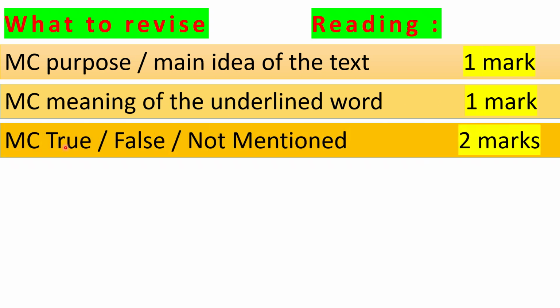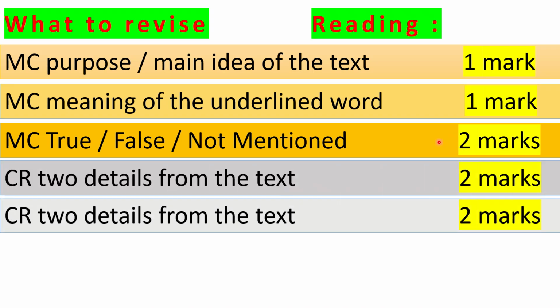Another multiple choice question about true, false or not mentioned, and you will have 2 sentences, 1 mark each, so both will be out of 2 marks. And then you have 2 questions of CR, and you will have to find details from the text, so 2 marks and 2 marks. So all of the reading questions will be out of 8 marks. So that's the most important part in the whole English exam.